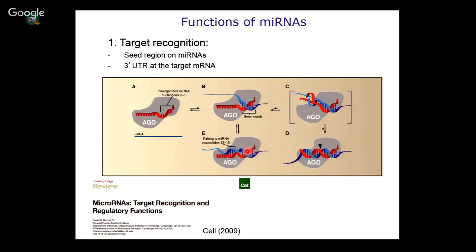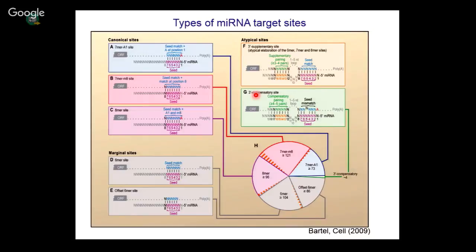So if it's a perfect match and base paired at the central region, it will trigger cleavage by AGO2. So this region is very important, the seed region of microRNA, and most of the time we see those microRNAs recognize the 3' UTR of the target mRNA.